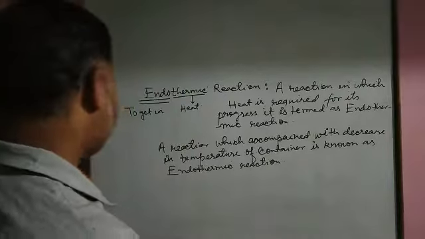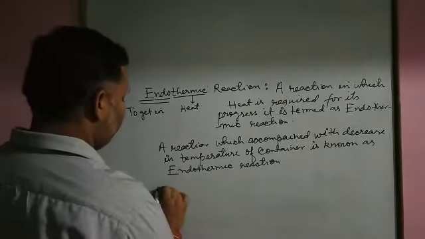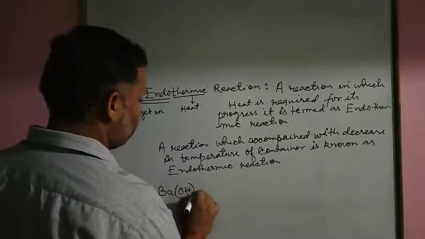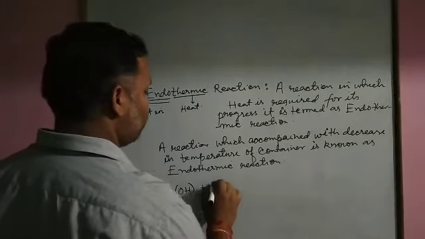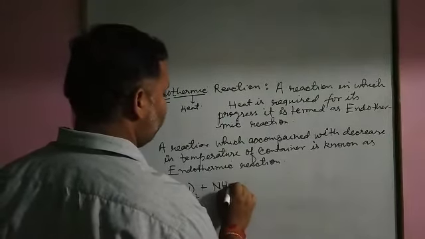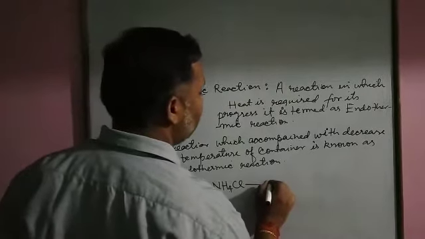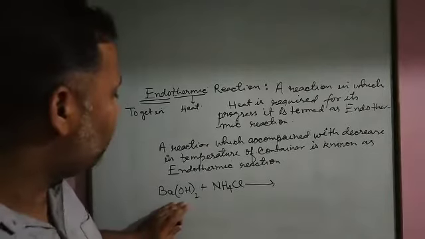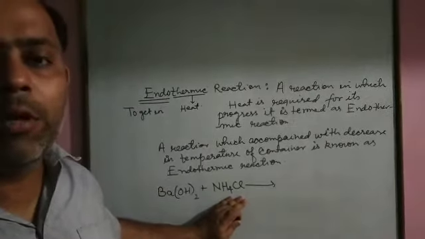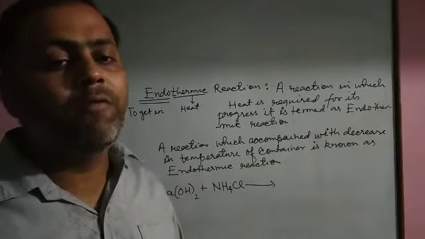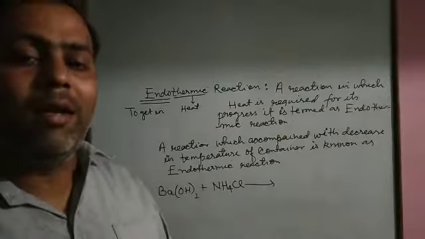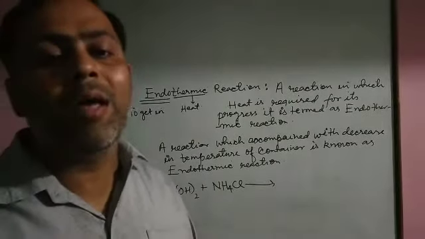For example, when we take barium hydroxide, Ba(OH)2, and when it is reacted with ammonium chloride, NH4Cl. When we mix barium hydroxide together with ammonium chloride, and when we stir it, on stirring it, when we touch the container, we observe that there is decrease in the temperature of the container.